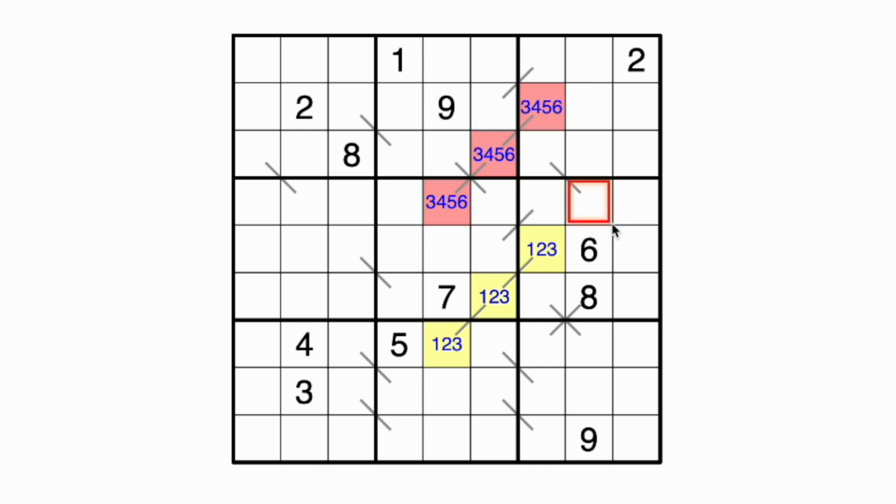Okay. So 7, 8, 9 are not these numbers. These can't be 7, 8, or 9. Nor can they be red or yellow. So they are a new color.